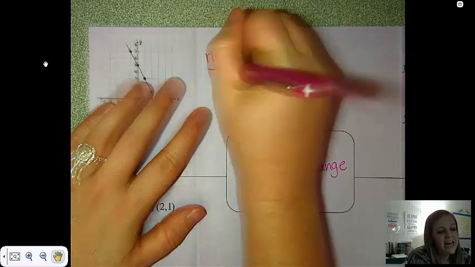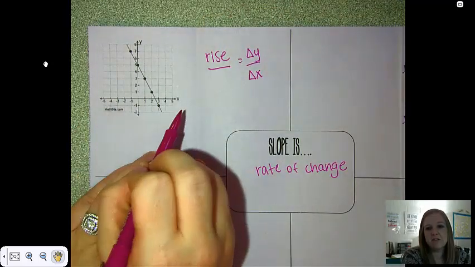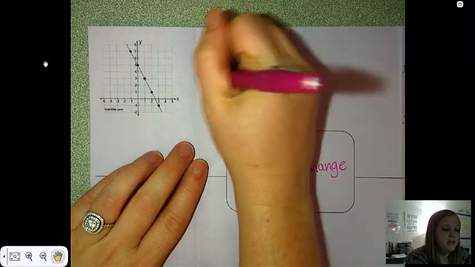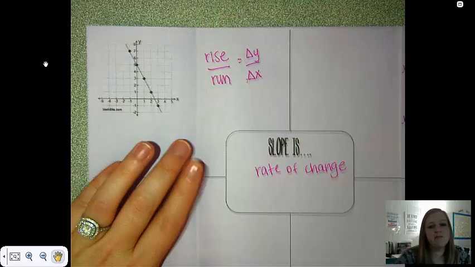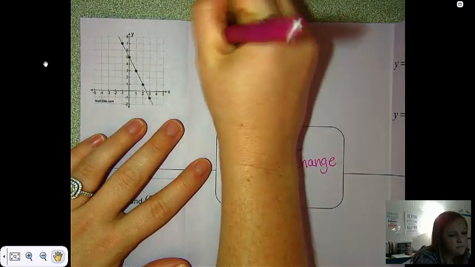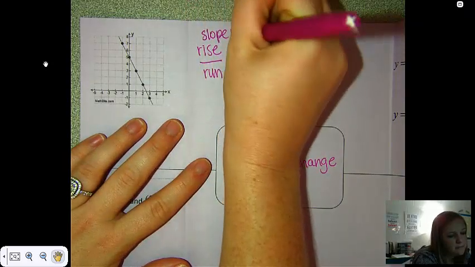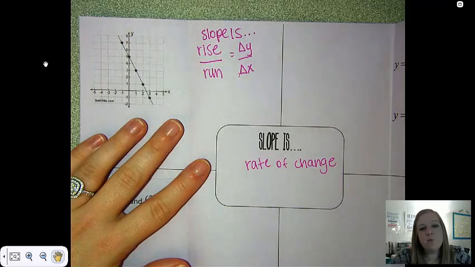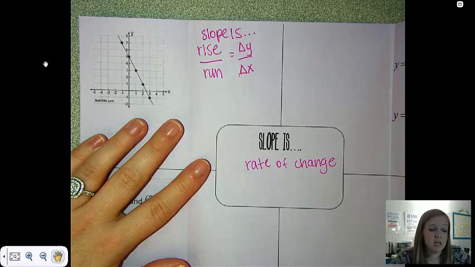The change in x, since the x-axis goes left and right, is the run. So in a graph, we say that the slope is rise over run. The way that we find slope is we pick 2 points and then say how much was the vertical change and how much was the horizontal change.